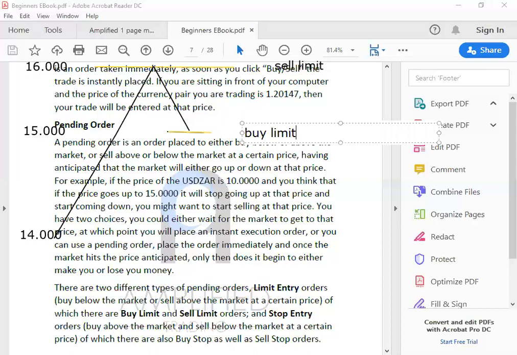Buy limit. And sure enough, if the market reaches that 15 Rand level and then heads upward, then we're going to be making some money on that buy limit. So on a buy limit, the price needs to be above that buy limit.